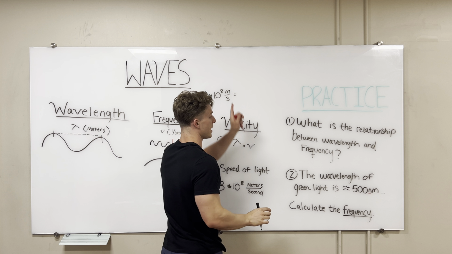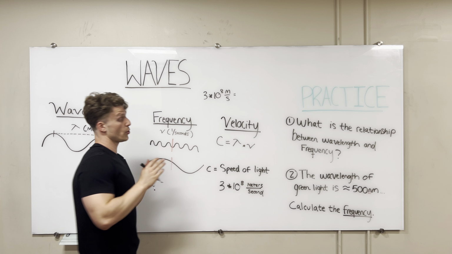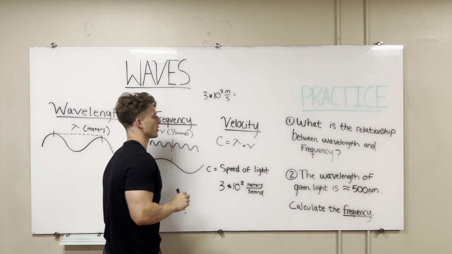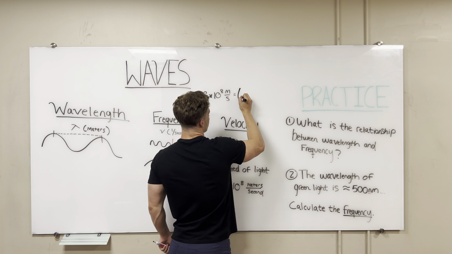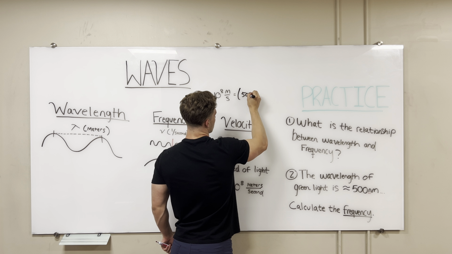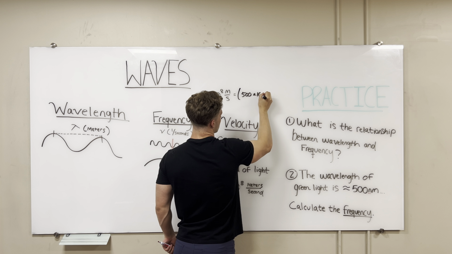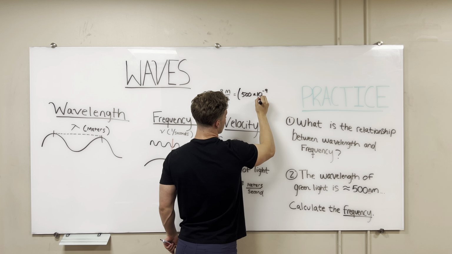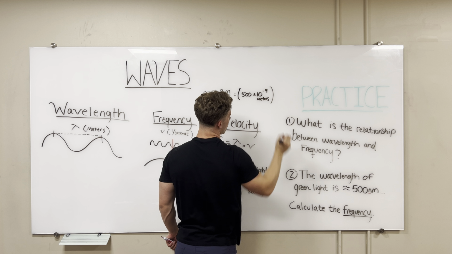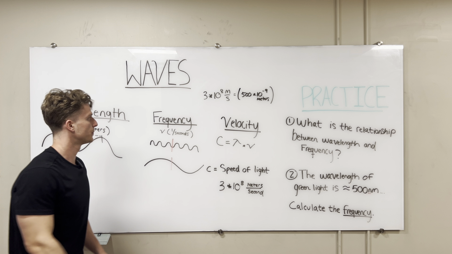If I have meters right here and nanometers over here, the units are not going to agree with each other, and we're going to get the wrong answer. So the wavelength is 500 times 10 to the negative 9th meters. That's how you convert nanometers to meters.